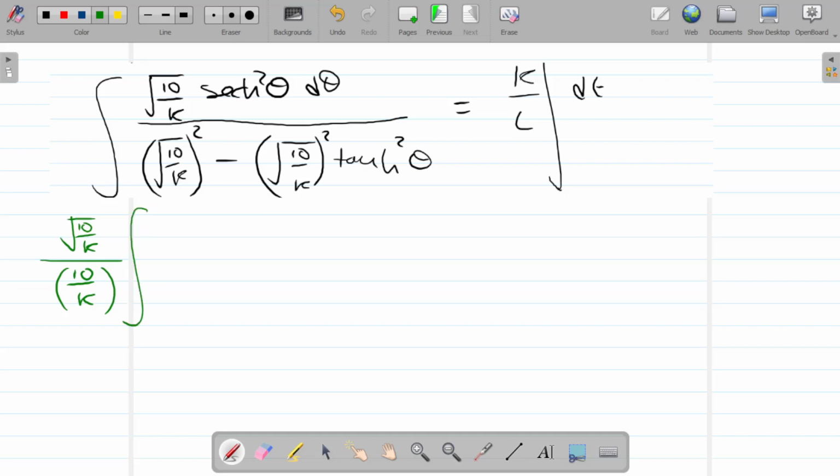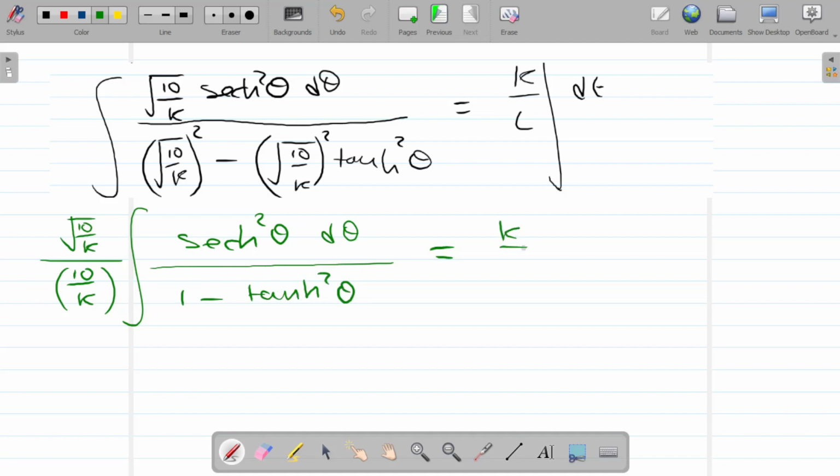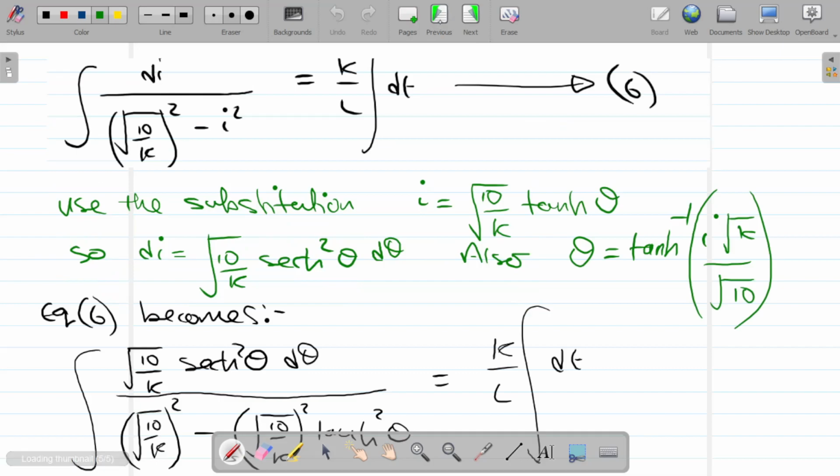And then times the integral of sec squared theta d theta over 1 minus tan squared theta, and that's equal to k over L times the integral of dt.